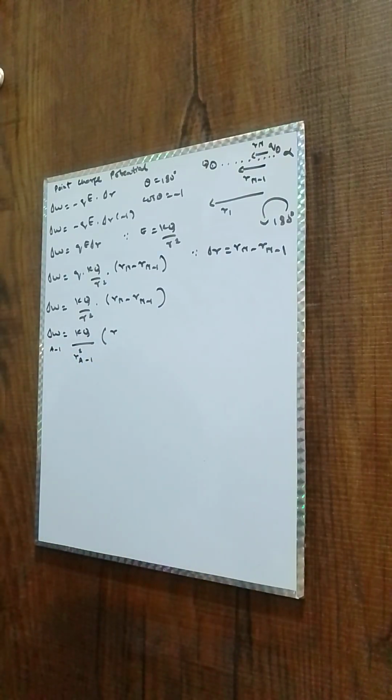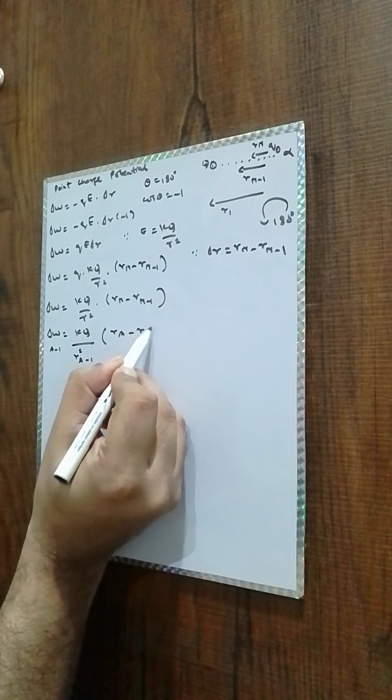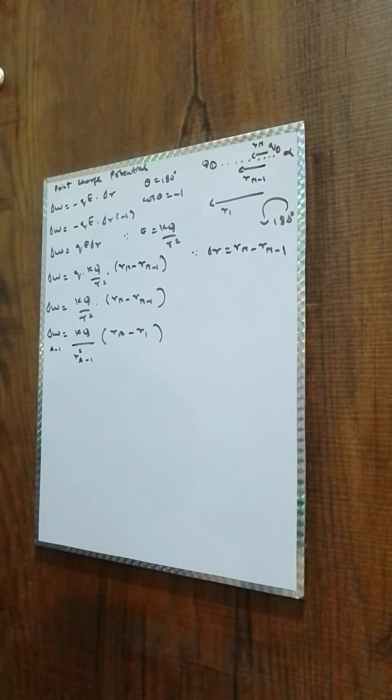And then we have here R. Now we substitute this as RA minus R1.